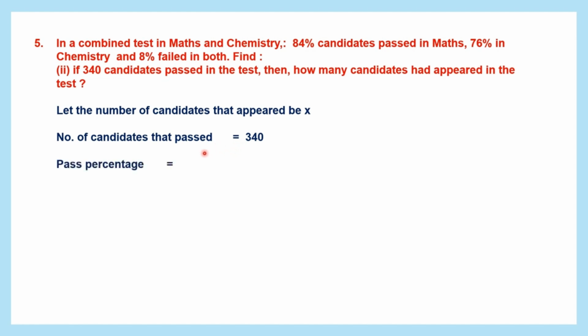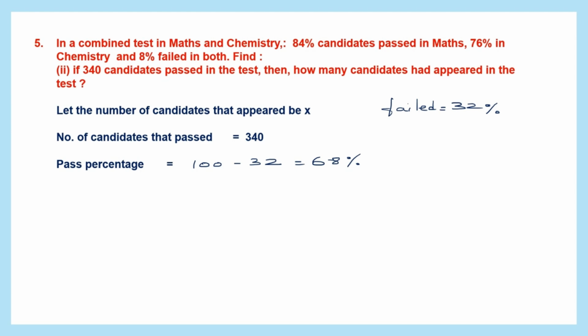Now the pass percentage. What is the pass percentage? In the previous question, we learned that the percentage of failed students is 32%. This is the percentage that failed. That means to find the pass percentage, we just have to say 100 minus 32, and that is 68. That means the pass percentage is 68.